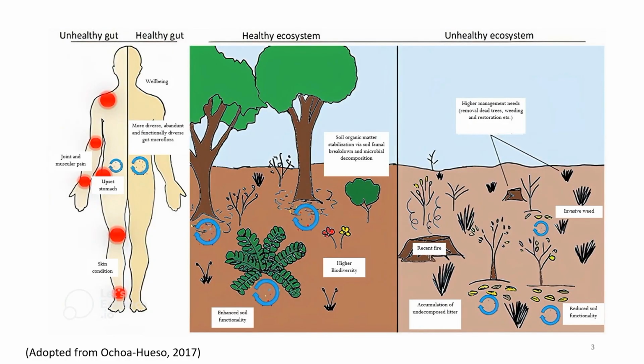Before we begin, let us make some comparison between the health of an individual and health of the ecosystem. All of you know that our gut is full of microbes, and so is our skin. We have two types of microbes which inhabit us in the gut and on our skin.